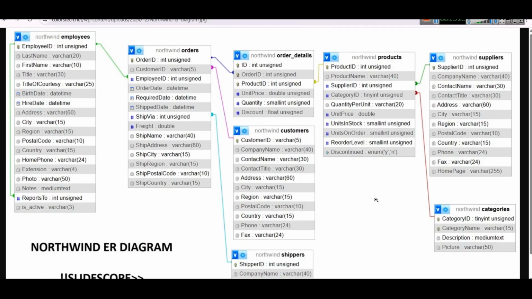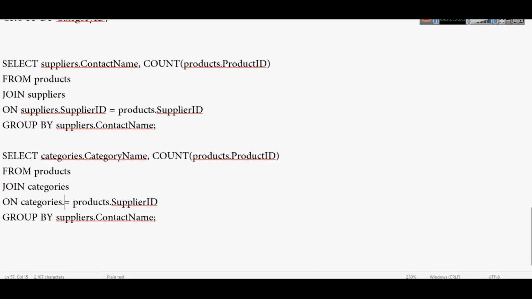We discussed it many times. Category ID. Yes, sir, category ID. So categories dot category ID equals products dot category ID. Exactly.